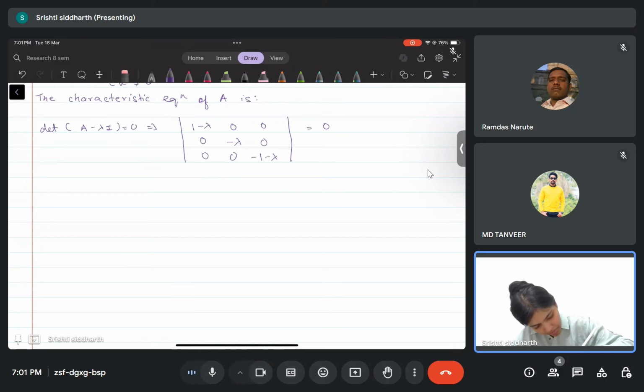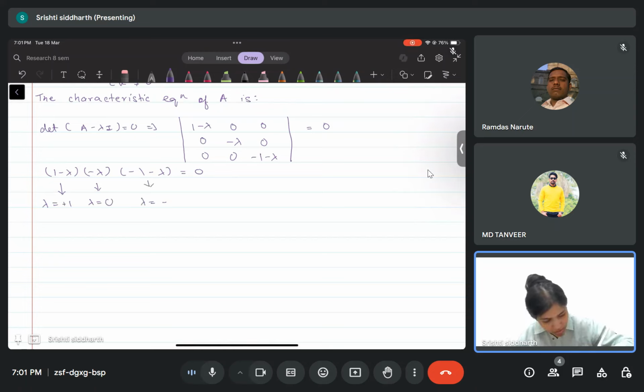The determinant is simply (1 minus lambda)(minus lambda)(minus 1 minus lambda) equals 0. This implies that the eigenvalues are 1, 0, and minus 1. So for the eigenvector test, we are going to consider only the first two eigenvalues.